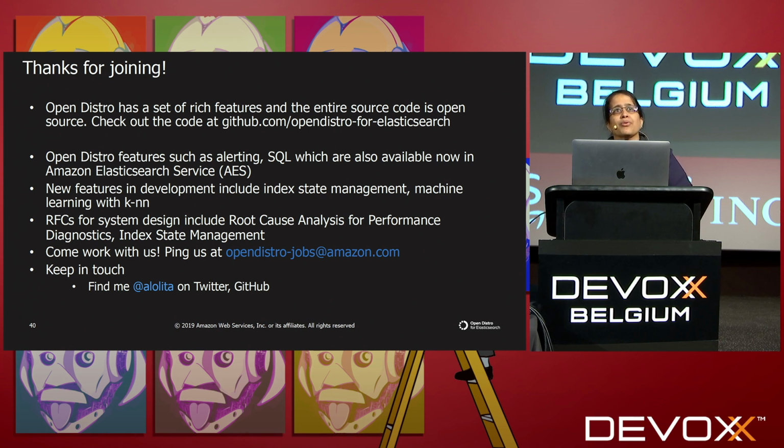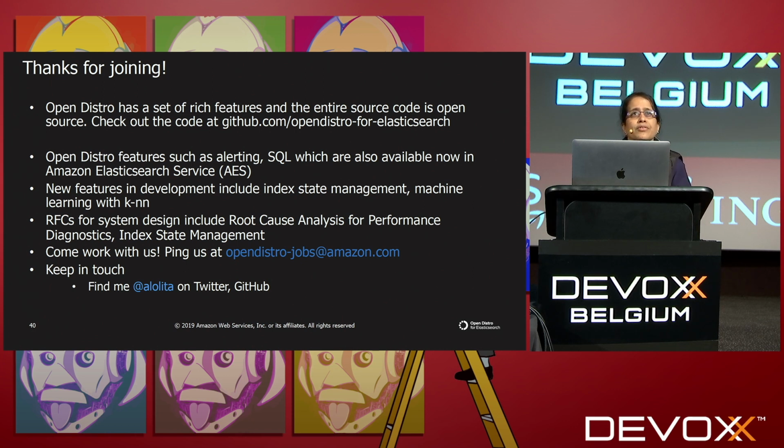And that's really cool because it is development happening in the open, with user feedback coming in, users actually implementing and contributing code back, even partners working with us closely in this ecosystem contributing code back. For example, the alerting component or SQL are already in the service, and the code is available on Open Distro.